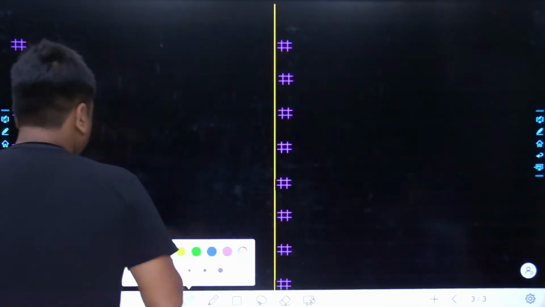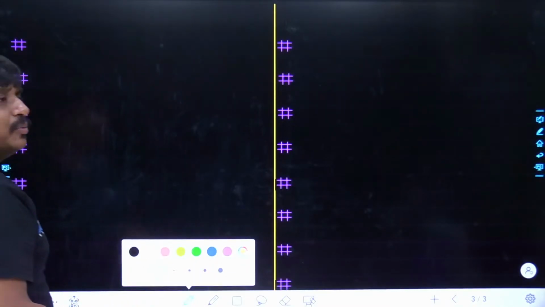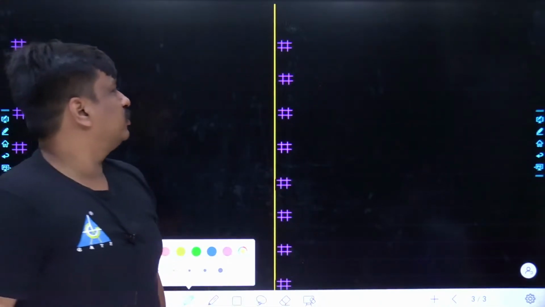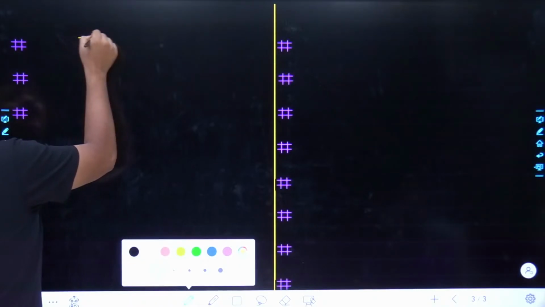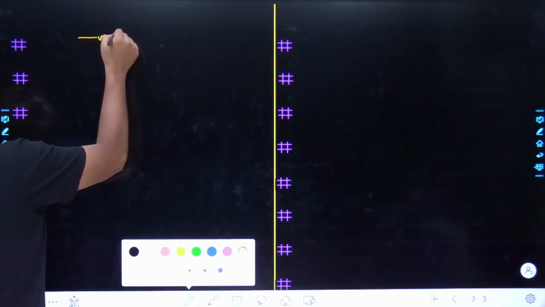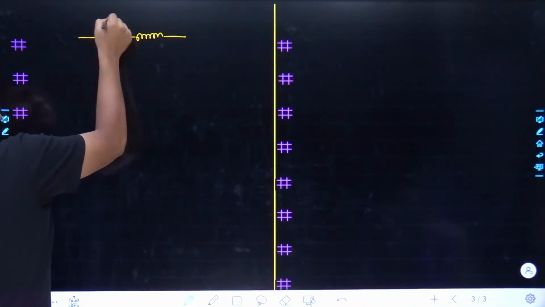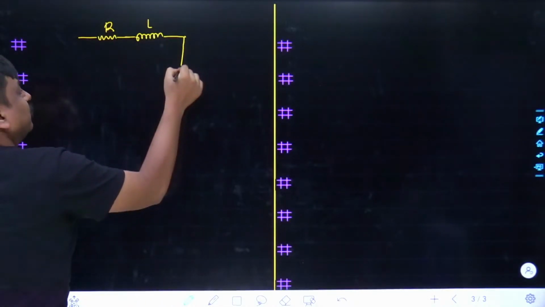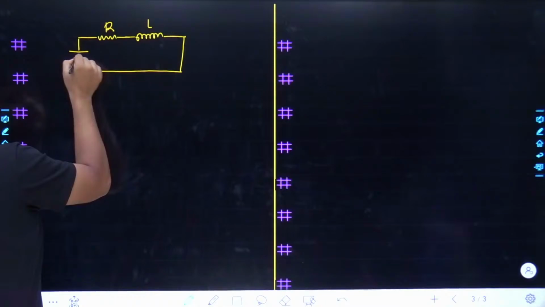See what is happening over here. Let me take a series RC circuit, and with the help of a series RC or RL circuit, we are going to analyze each and every problem crisp and clear. See, we have a series RL circuit. Here we have a resistive element with the worth of R, and similarly an inductive element with the worth of L. The external voltage is being applied.